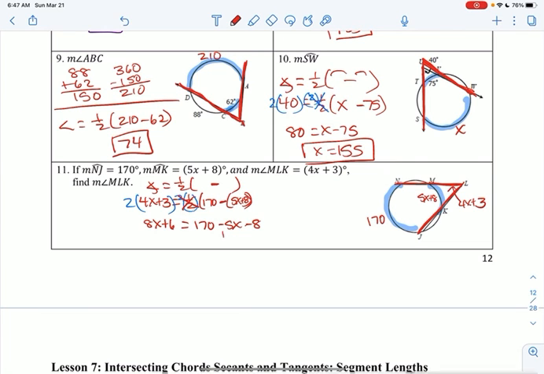All right, let's bring that 5x over to the left by adding it. So 13x plus 6. I'm going to combine the 170 and the minus 8. Then I can subtract 6, and then I'm just dividing by 13. So yes, I can do that same rule with an algebraic problem. Just be careful with those negative signs. Right? So we're going to practice all that tomorrow.